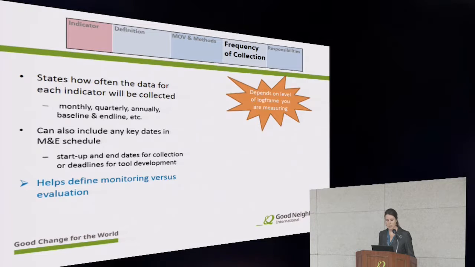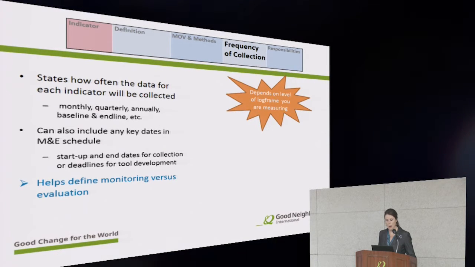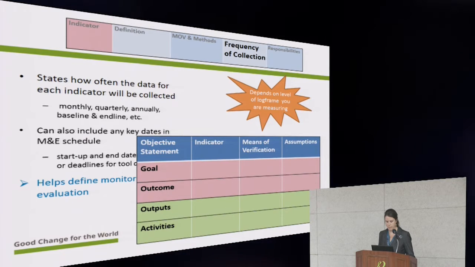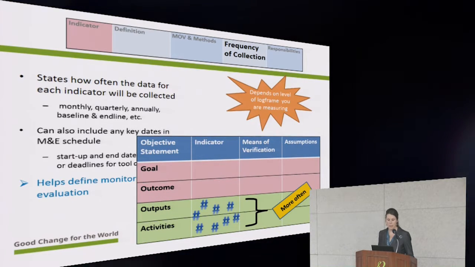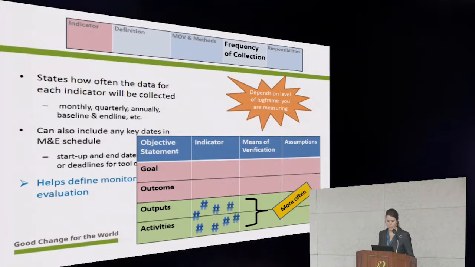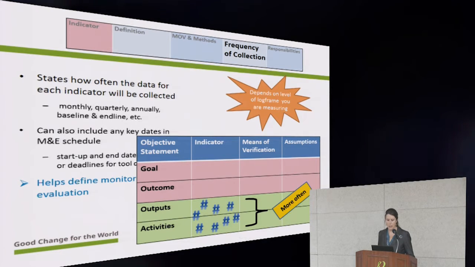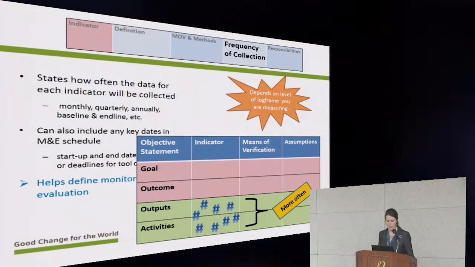Depending on which level of the log frame you're measuring, that will help you figure out how often you're going to collect that data. At our lower levels, activities and outputs, we're monitoring and we're going to collect that data more often. So in your frequency column for monitoring, you'll likely have monthly, quarterly frequencies there.